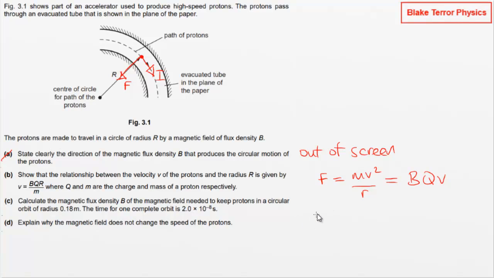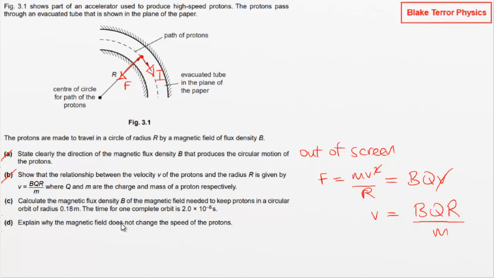Now we just have to rearrange. We can cancel a v on each side and then make the remaining v the subject. So v will be equal to BqR over m. It's capital R of course in this, not little r. That was straightforward enough.